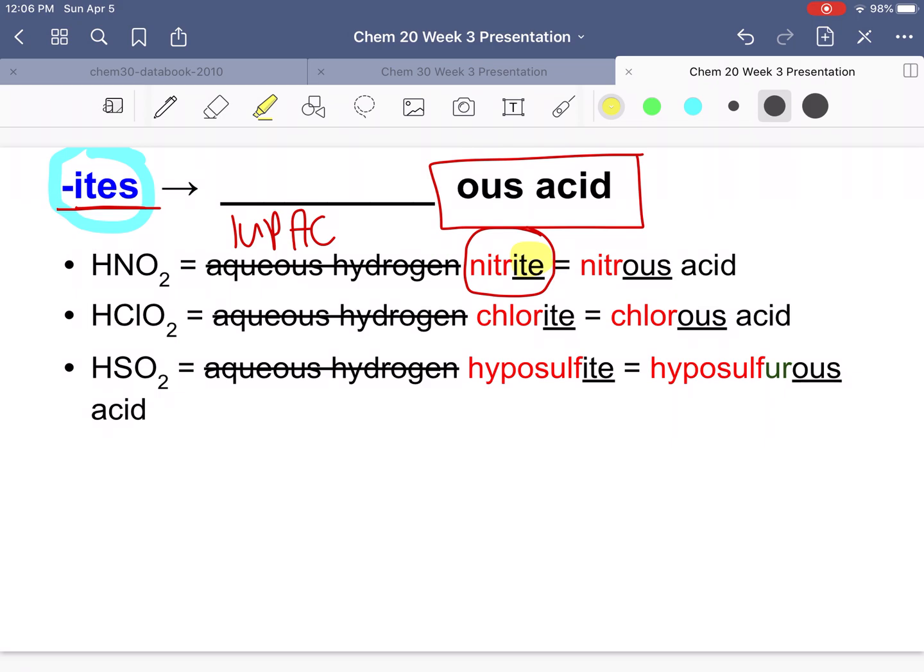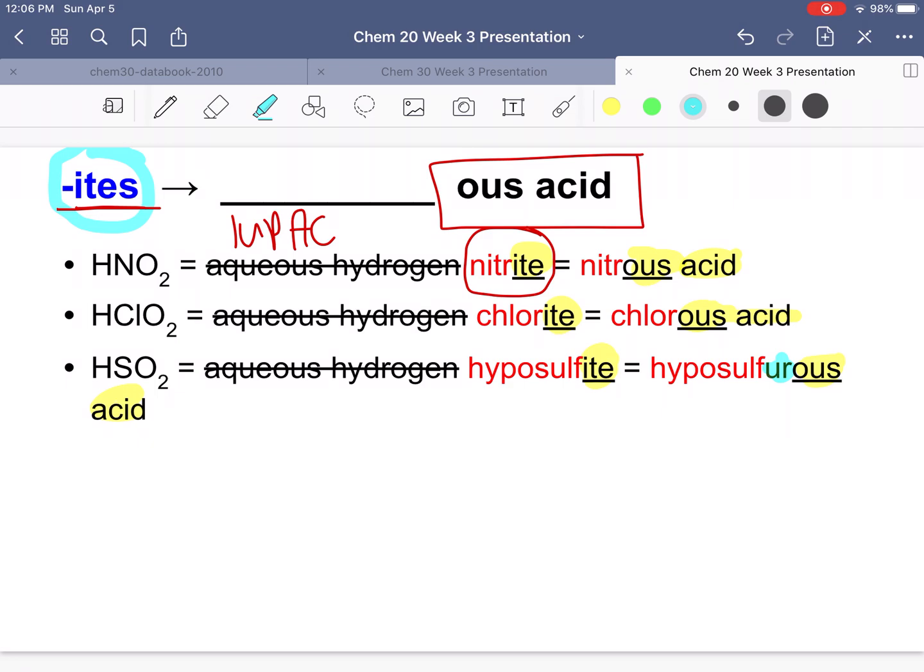Instead of this becoming nitric acid, it is nitrous acid. So us goes with the ite. Aqueous hydrogen chlorite becomes chlorous acid. Again, look at this one. Aqueous hydrogen hyposulfite, ite, becomes ous acid. And once again, sulfur's weird, so we got to add on that UR.